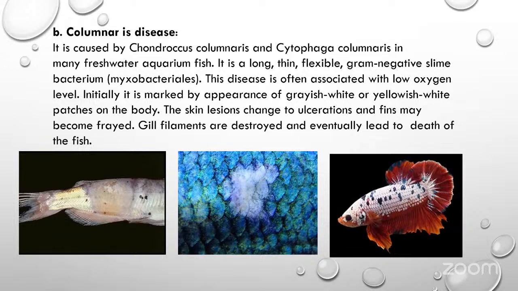You can observe the pictures to see how the affected area looks. They have yellowish white patches on the body, ulcers are formed on the body and even on the fins, the fins become frayed, and the gills are also destroyed, eventually leading to death.